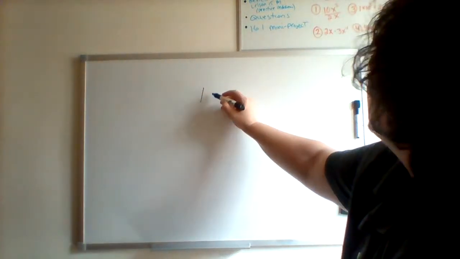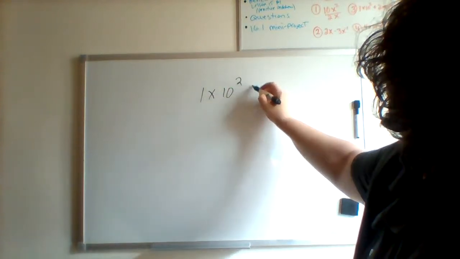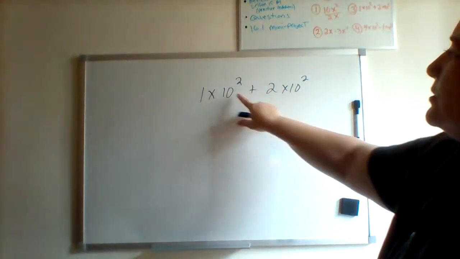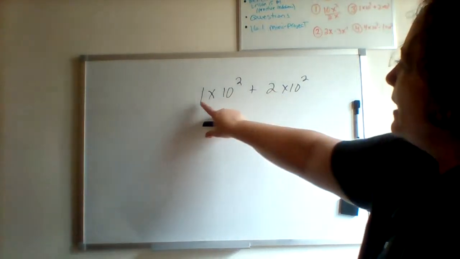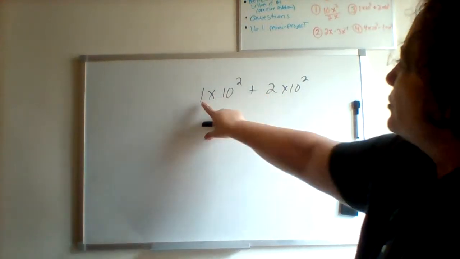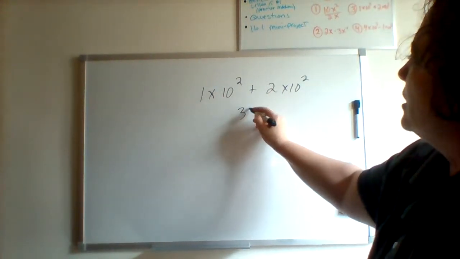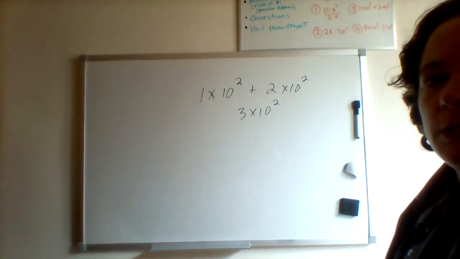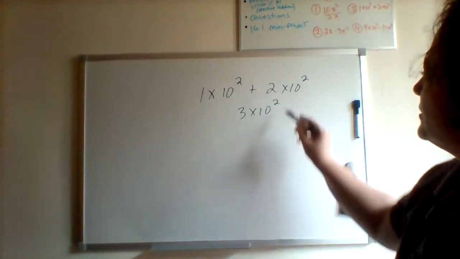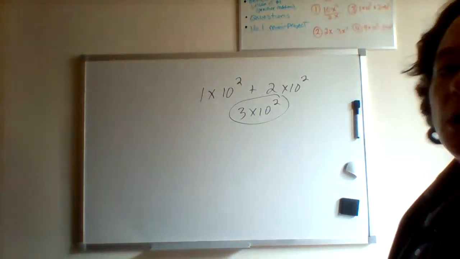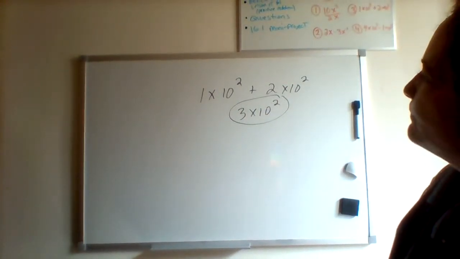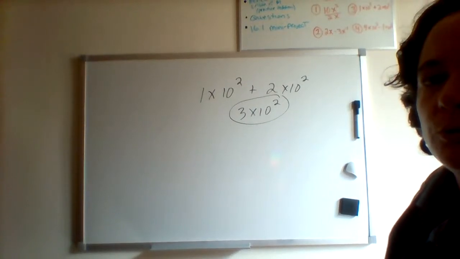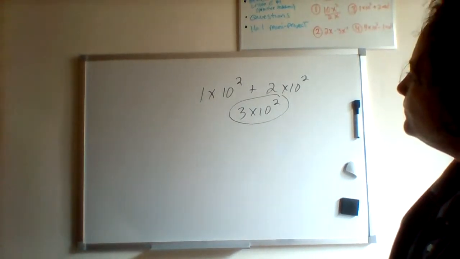So 1 times 10 squared plus 2 times 10 squared. These bases are exactly the same, which means I can just simply add the coefficients. 1 plus 2 is 3, so it's 3 times 10 squared, and you actually don't have to do anything further. This is the simplified version. What I was explaining is that if you weren't sure what to do, you could expand it.